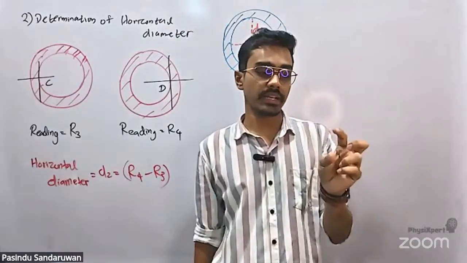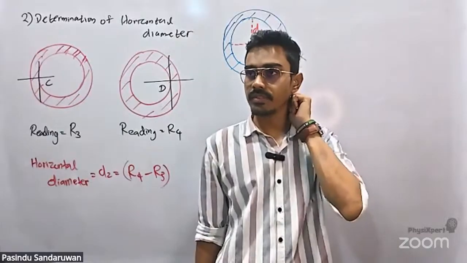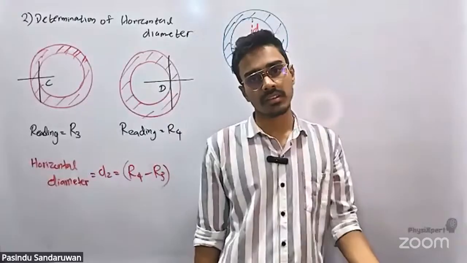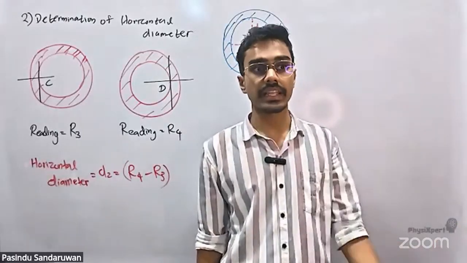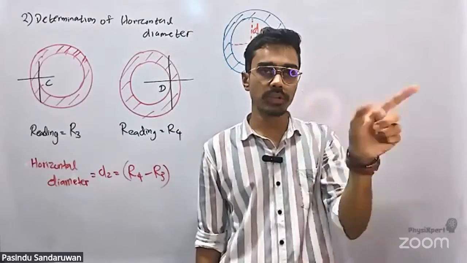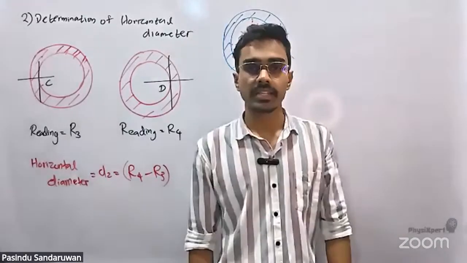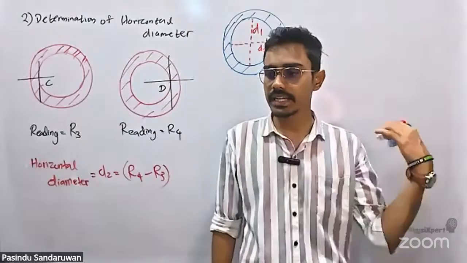If you take the diameter from one point and the rubber tube is deformed, if it has changed shape, we will get a comparatively erroneous reading. So we usually take two readings in two perpendicular directions and get the average. The higher the number of readings we take, the higher the accuracy.